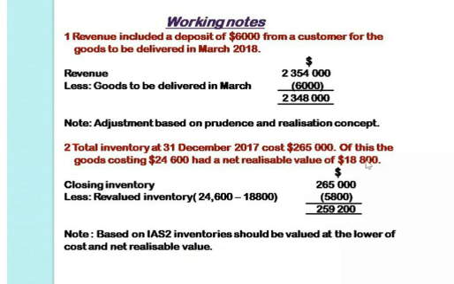Here the net realizable value, 18,800, is lower than the cost of the inventory. Hence we will get the difference and subtract it to value the inventory at net realizable value. And once we subtract it, we get the closing inventory for the year as $259,200.